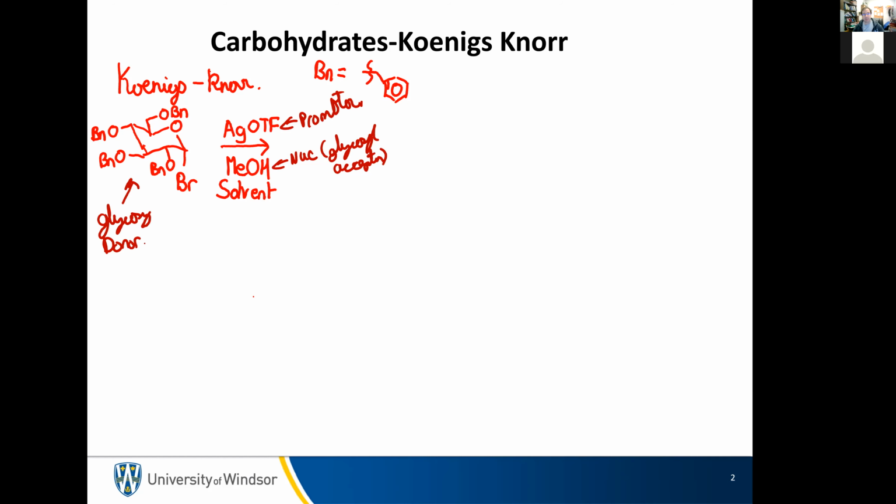So overall, what happens is we glycosylate, which means we do chemistry at the anchimeric center of a sugar. Our major product is going to be an OMe there. Now I'm going to use a short form here.